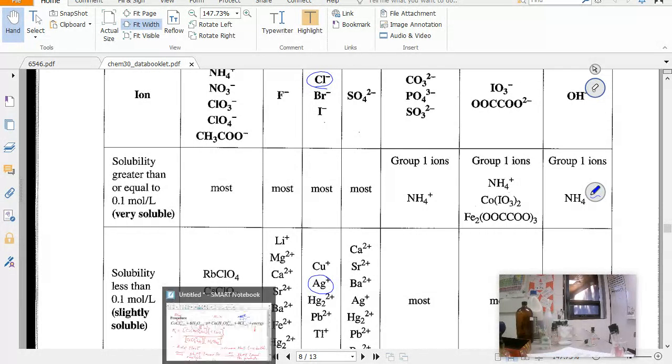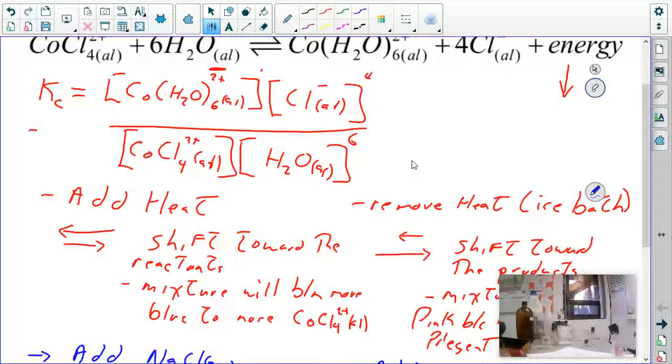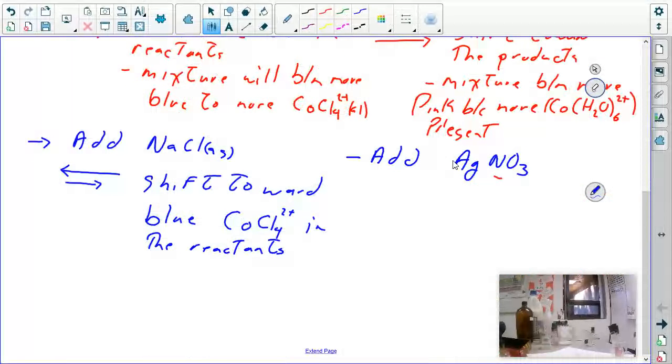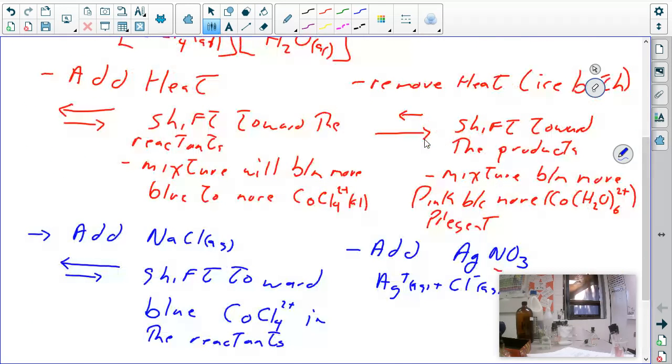So what's going to happen here is the aqueous silver reacts with the aqueous chloride to produce silver chloride solid. Okay? So by adding the silver nitrate, we're going to remove these chloride ions and turn them into silver chloride.